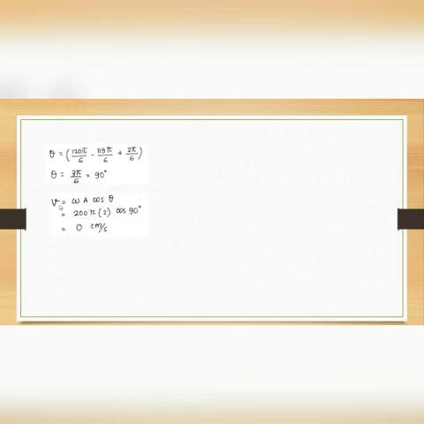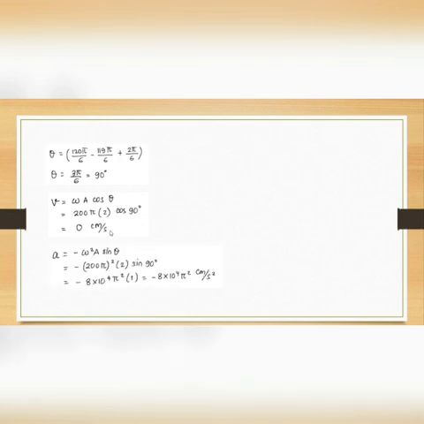Then the oscillating speed is omega times a times the cosine of theta, where theta is 90 degrees. So v is 200 pi times 2 times the cosine of 90 degrees, and that will result in 0 centimeter per second.